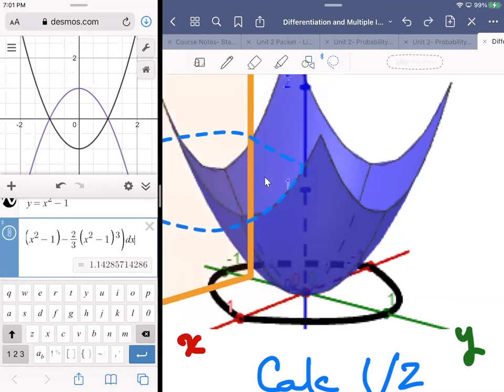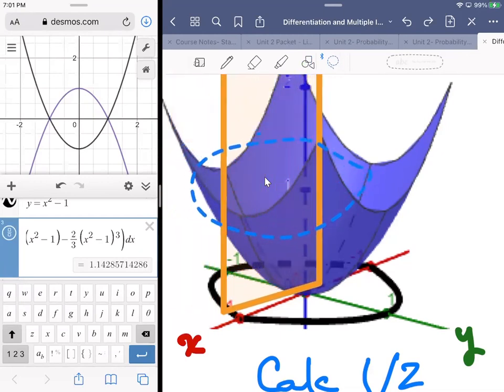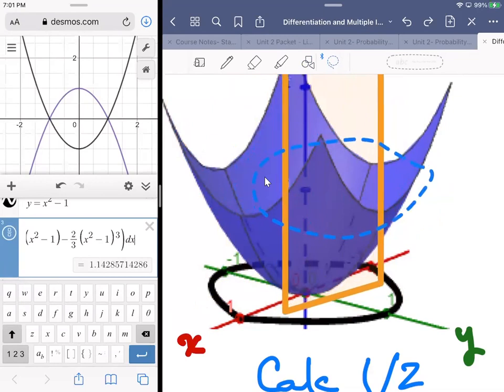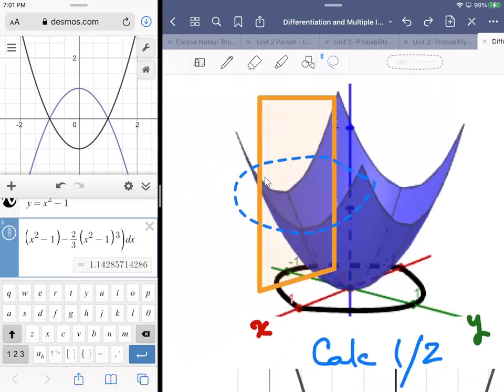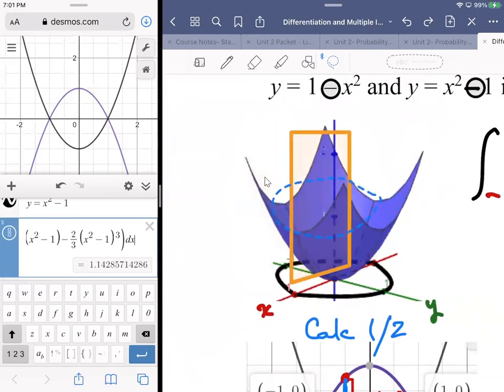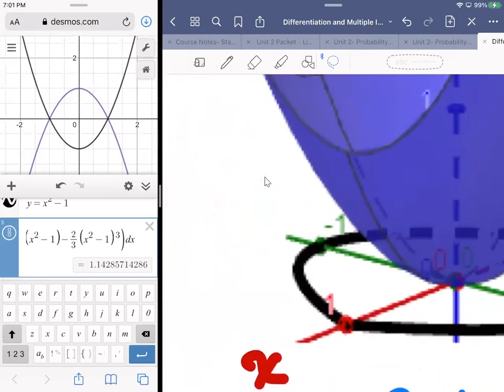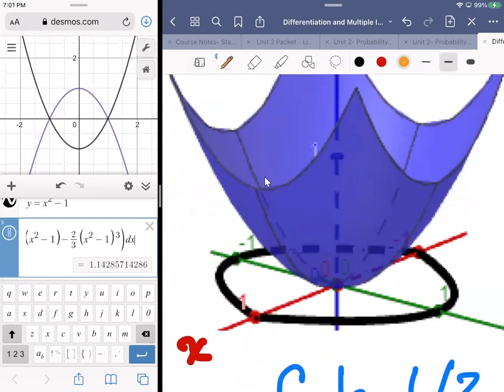So it would be propagating this plane through the region here that would allow you to come up with your integral, right? So what would that look like? You kind of do this just to get an idea, but I would be saying, all right, well, I got this part of the surface, let's say this guy up here, that's coming down somewhere, but I'll give it a little bit more height.